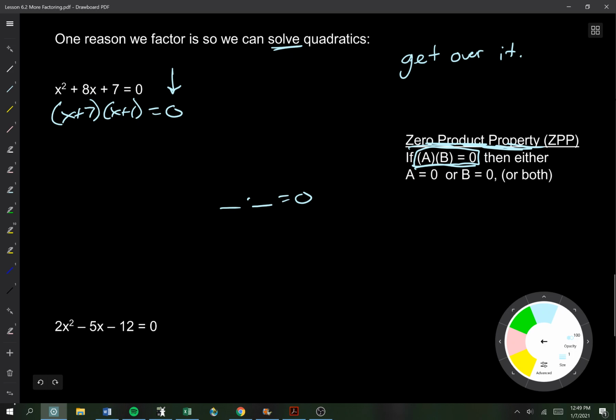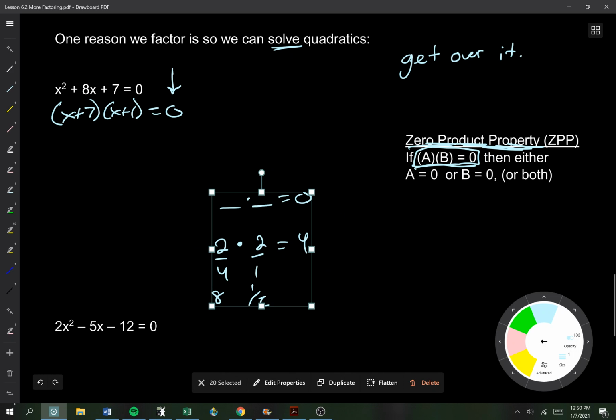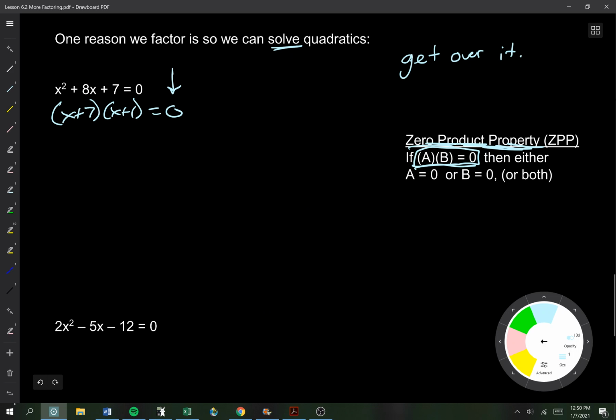And if we have something times something equals 0, we know that one of those somethings is 0. But that's only true with 0. If we have something times something equals 4, it could be 2 and 2, it could be 4 and 1, it could be 8 and a half. There's an infinite number of pairs that can multiply to 4. But if you're multiplying to 0, we know that one of them must be 0. That's called the zero product property.